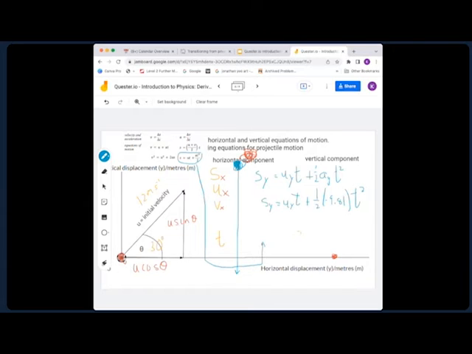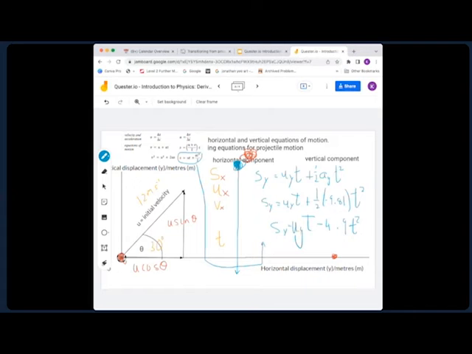Then you simplify this down into the vertical displacement equals the initial vertical velocity times time minus roughly 4.9 multiplied by t squared, right? So this is what happens when you do physics questions as a whole.